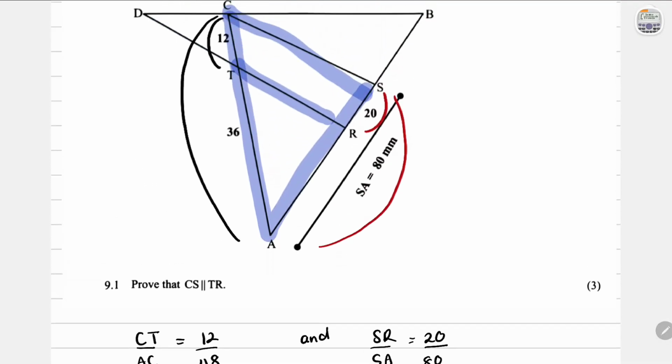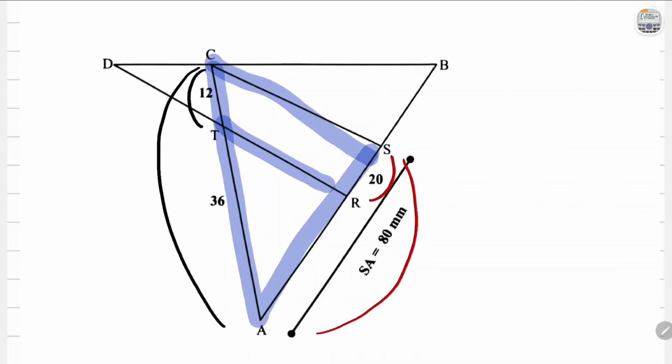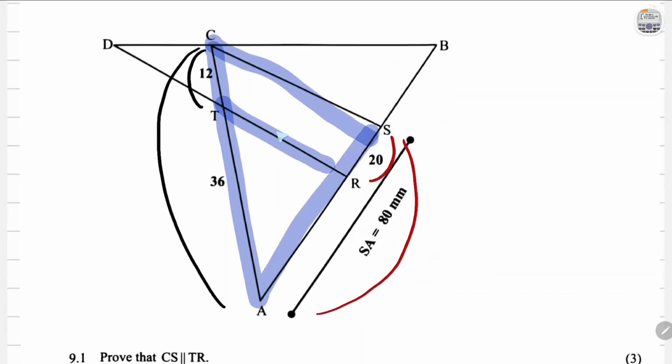The reason it's parallel is really the converse of the proportionality theorem, but I don't like to use that word. I like to use the meaning of it, right? The proportionality theorem states that we have a line drawn parallel to one side of the triangle, but we were not told that these two lines are parallel yet.